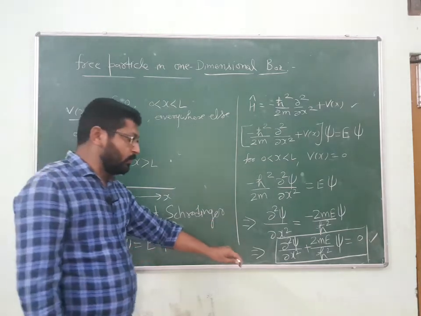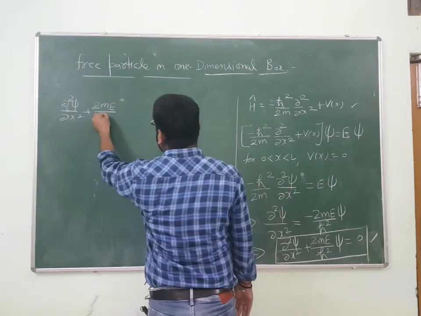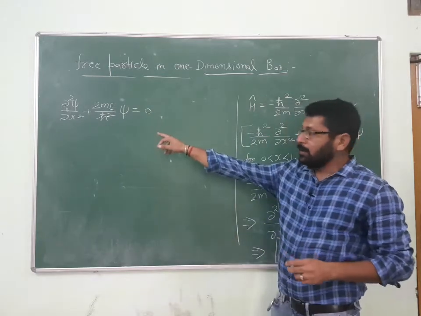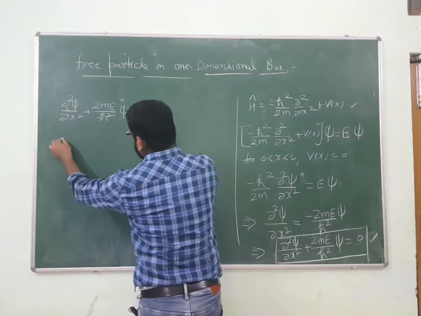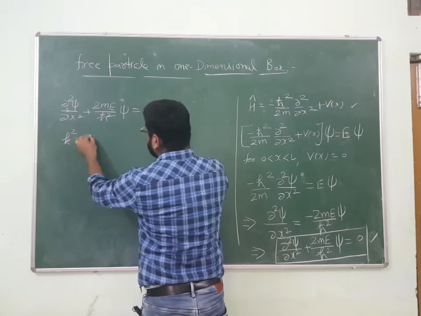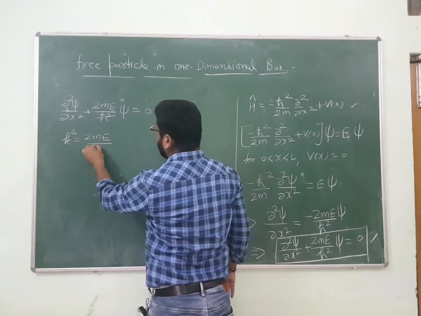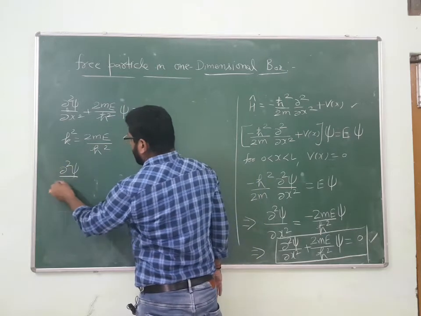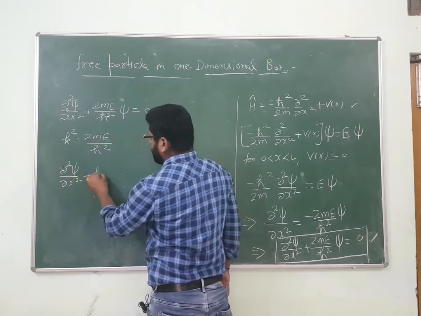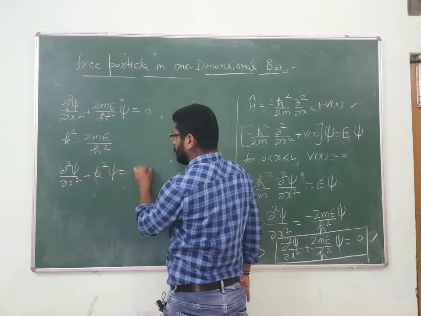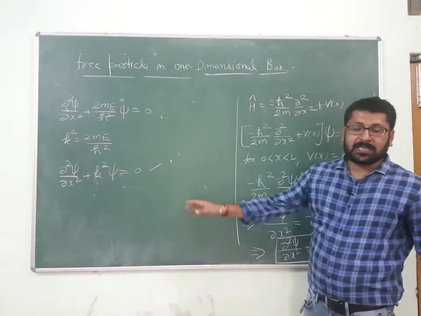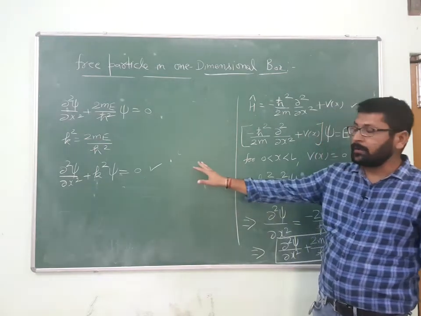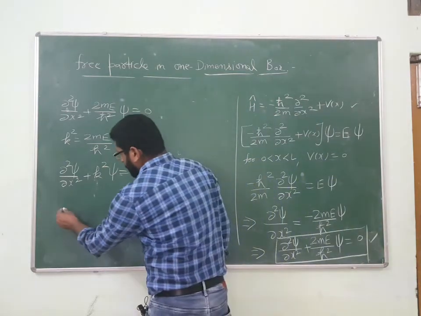If we replace this term with some constant, say k square, which is 2mE by h cross square, then this equation reduces to ∂²ψ over ∂x² plus k square ψ is equal to 0. This is a standard second order differential equation, whose solution can be given by this.